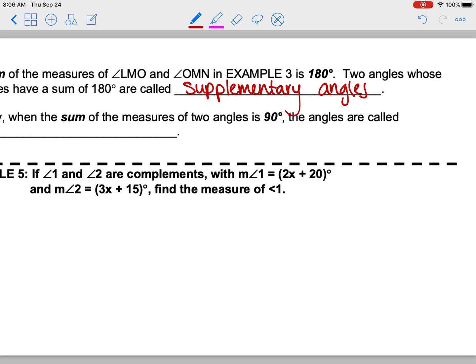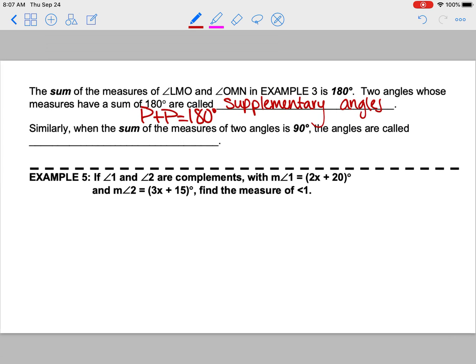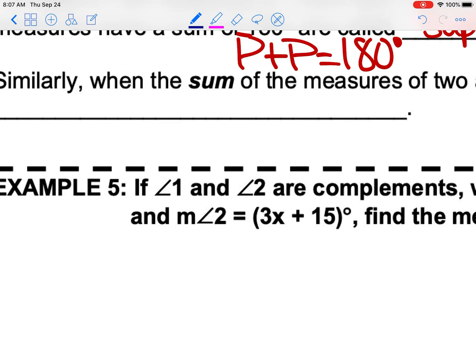Anytime you're dealing with any type of supplementary angle, we're going to use part plus part equals 180 degrees. Okay, when the two angles add up to 90 degrees, remember that is called complementary.